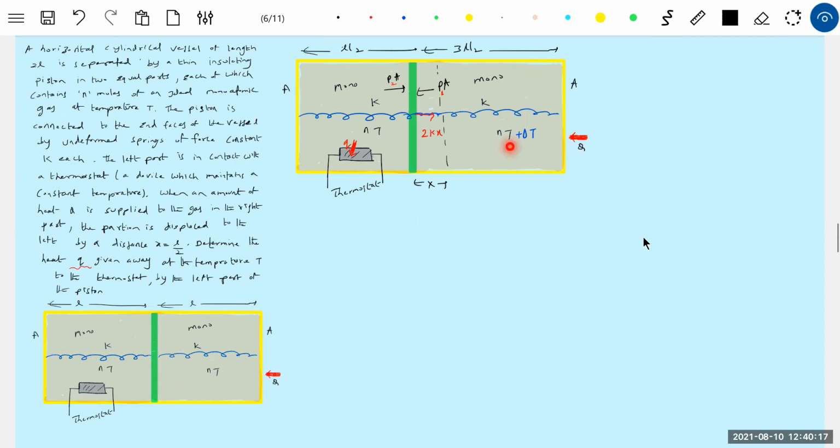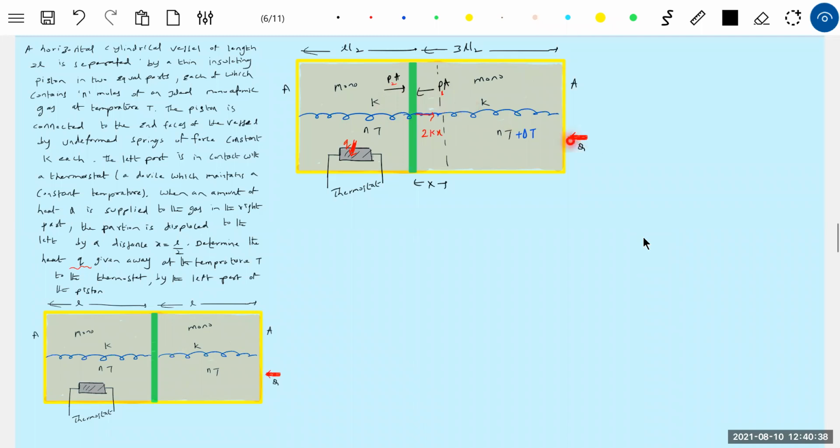We supplied heat. The temperature of the gas in the right part will increase. At the same time, the gas will also expand and push the piston. So the gas in the right part does positive work, the gas in the left part does negative work, and the spring forces are also doing work. So how do we bring all of this together?